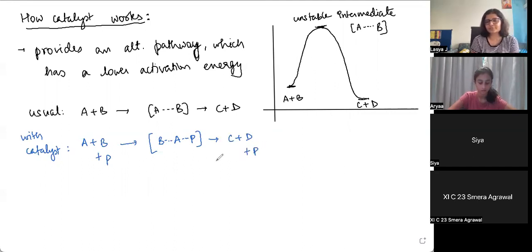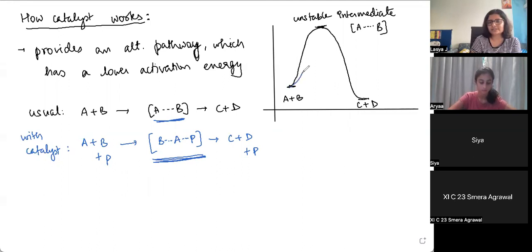So P is unchanged, beginning of the reaction, end of the reaction, but a different intermediate is formed with the catalyst. Its energy, if it happens to be lower than your AB intermediate, then of course it's easier for AB along with P to form that other intermediate.